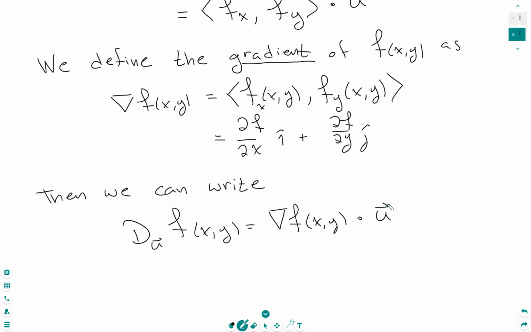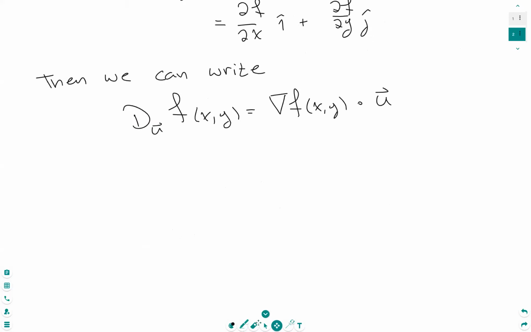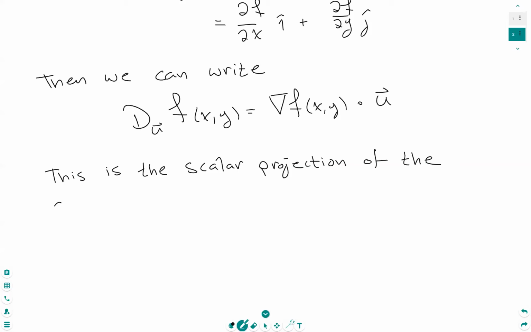So now we can think about what the dot product does. What's happening here and how does it relate to our directional derivative? Well, the dot product was used as our scalar projection. So this is the scalar projection of the gradient of our function onto the u vector.